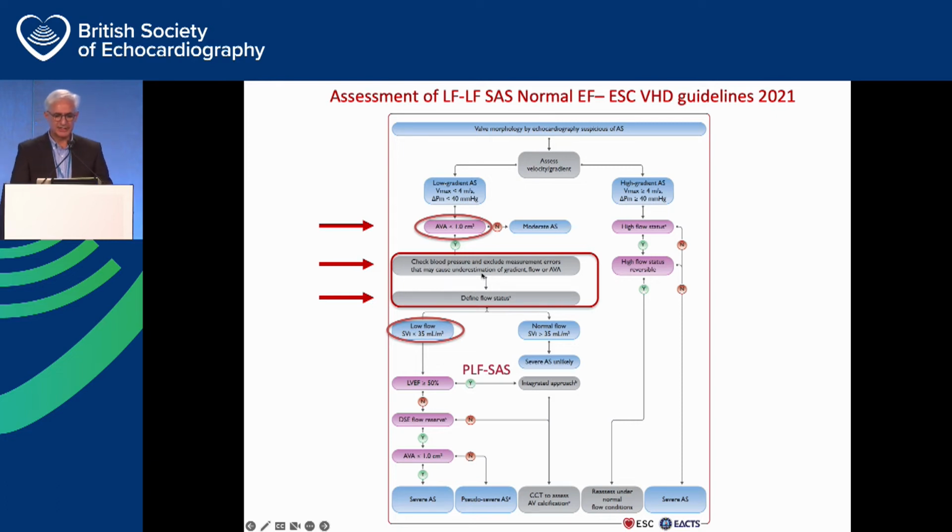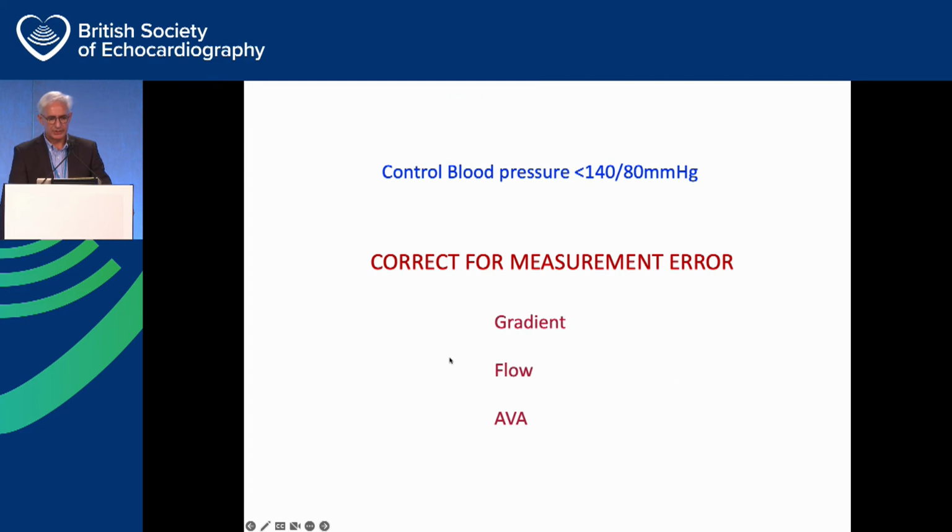And more importantly, to exclude measurement errors that may underestimate the gradient, flow and the valve area, and then define the flow status. So that's the blood pressure that we need to try to achieve before we do the echo scan in these patients suspected of PLF.